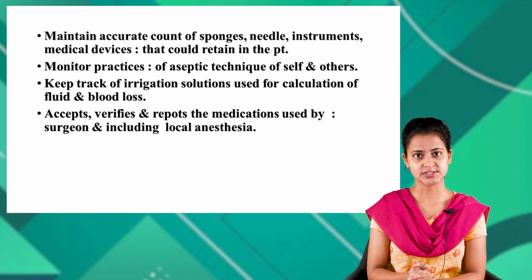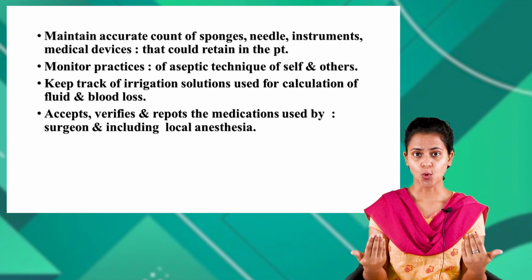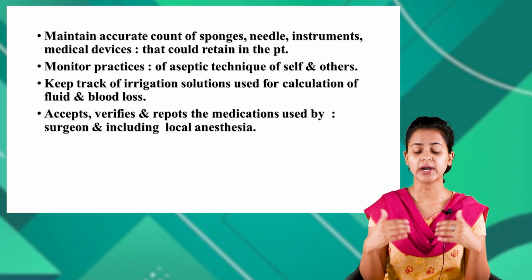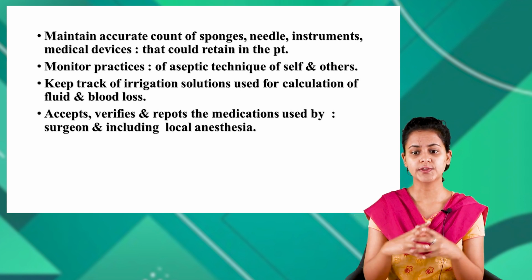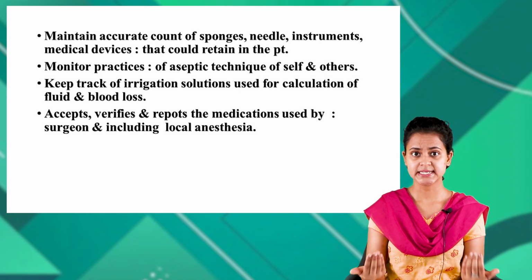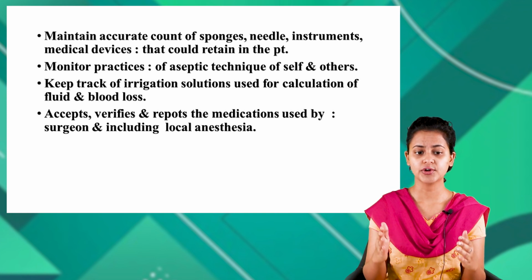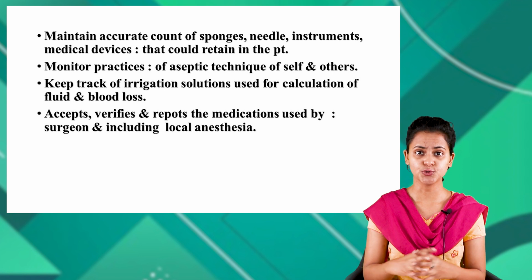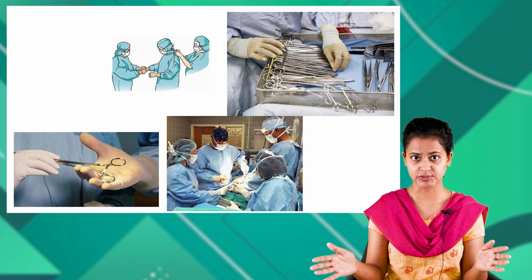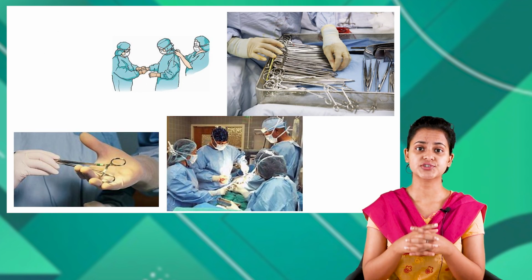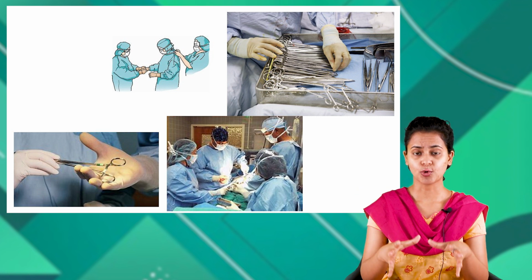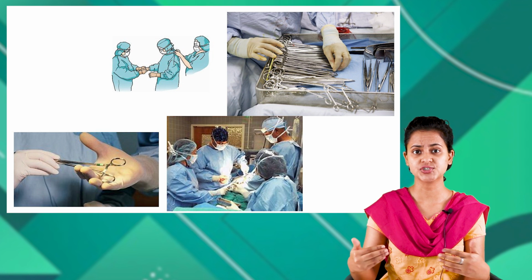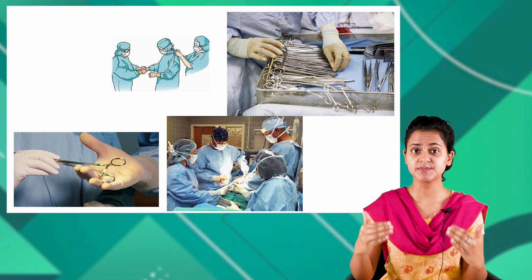The scrub nurse also will be maintaining an accurate count of the sponges, gauze pieces, needles, and all other instruments or medical devices which are being used during the time of surgery. So it is the role of a scrub nurse to maintain the count of all the devices, even the sponges and gauzes which have been used during the surgery.